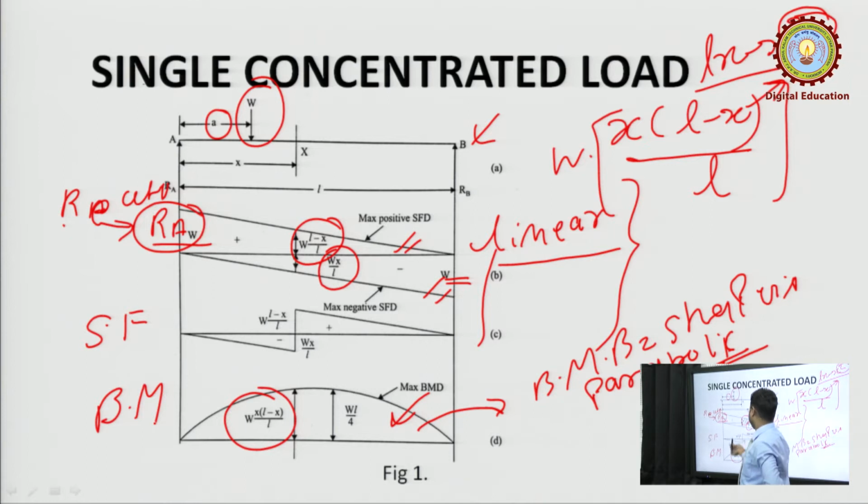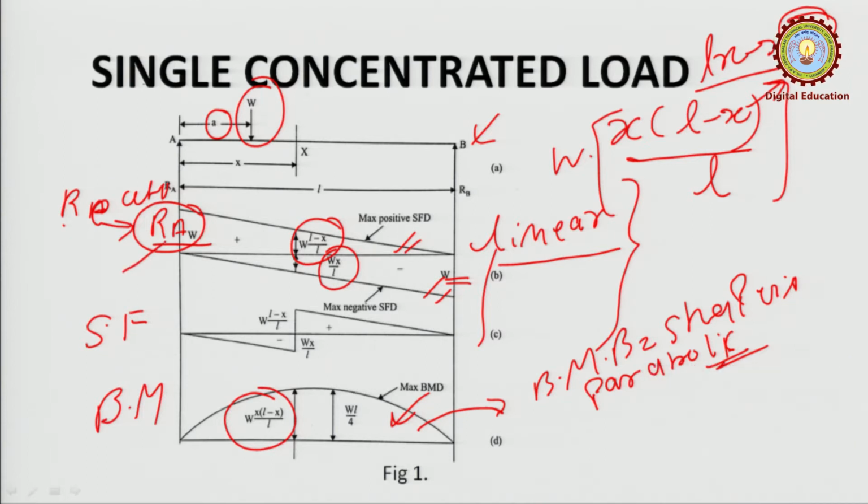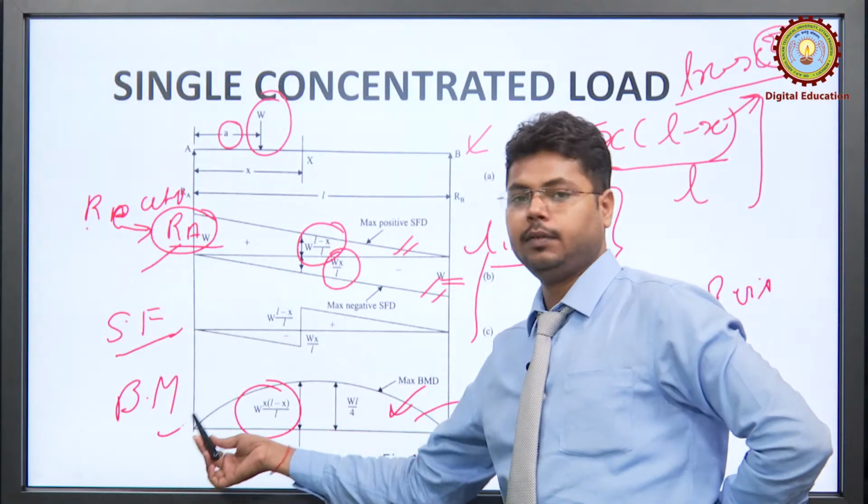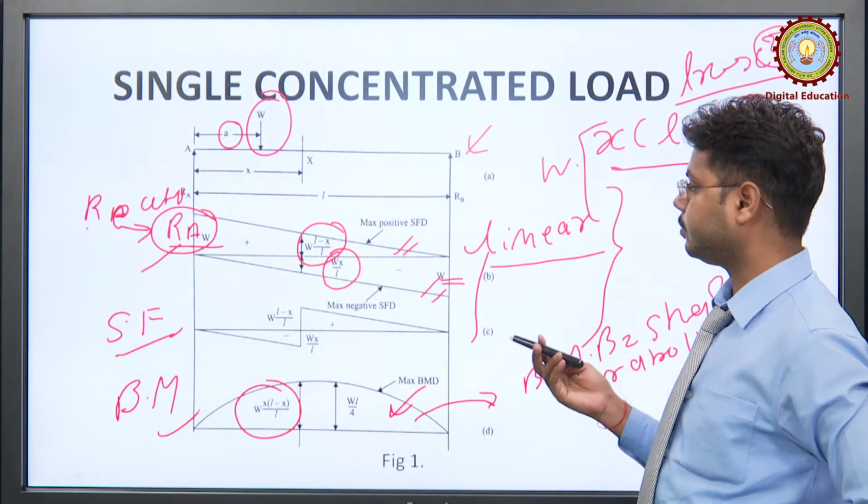We have three diagrams. First one is for reaction, second one is for shear force, and third one is for bending moment.